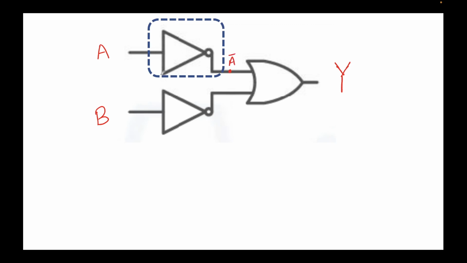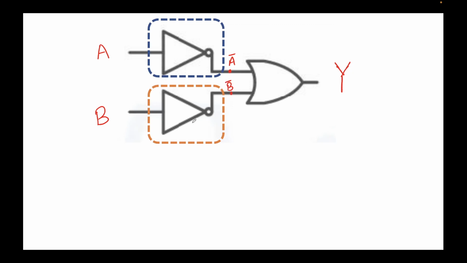Because A is the input to this NOT gate, and this NOT gate will simply invert it, depicted algebraically as A bar. Similarly, if you look at the bottom rectangle in orange, the input to it is B, and this is a NOT gate. So what will be the output of this NOT gate? The output will simply be B bar, because B is the input to this inverter.